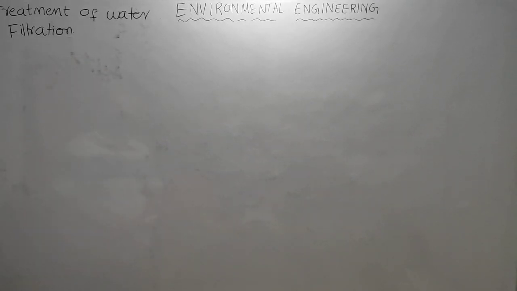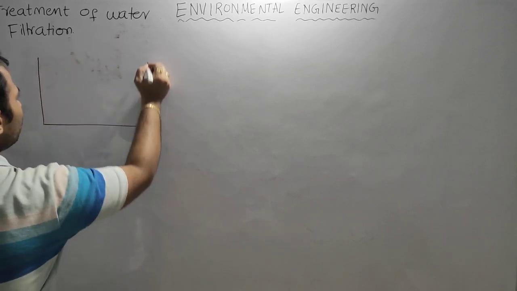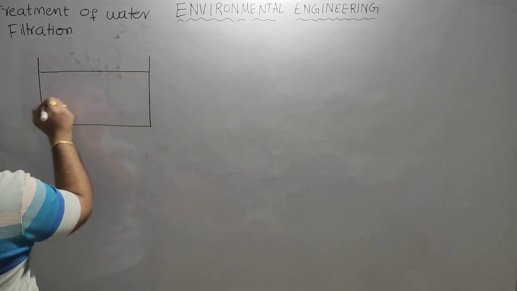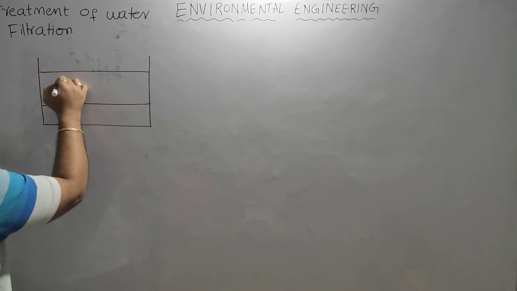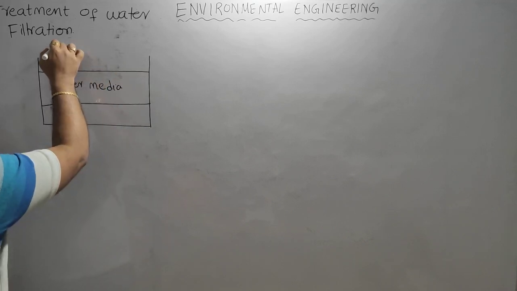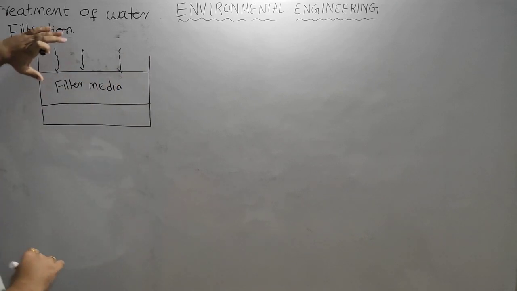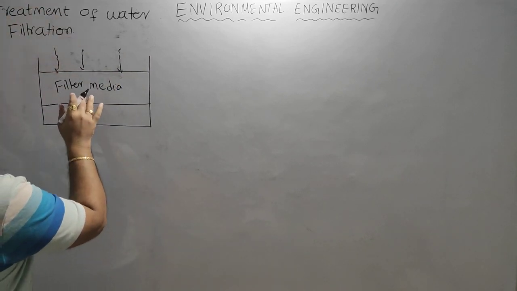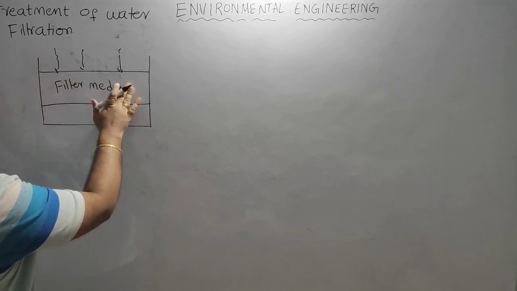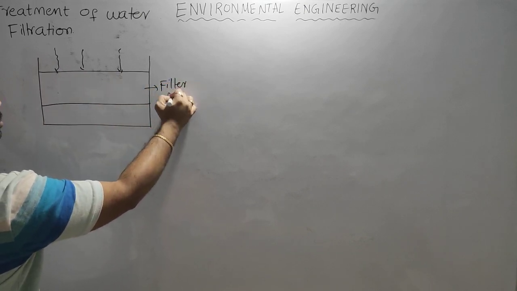See, this is the slow sand filter, and this is the filter media. Now, when the water is passing through this filter media, the organic matter present in this water will be arrested, will be captured inside the filter media pores.